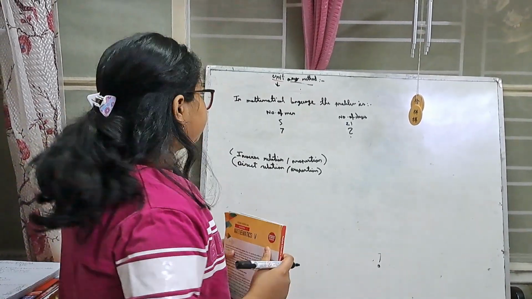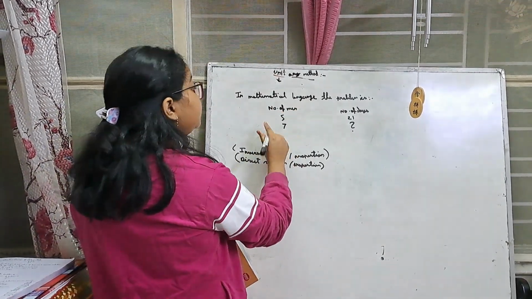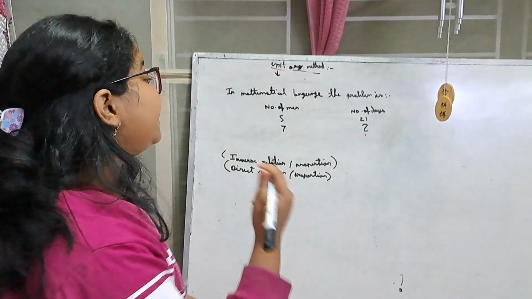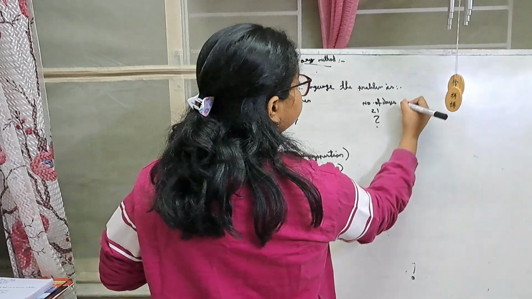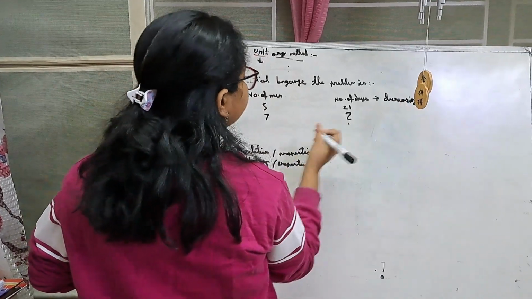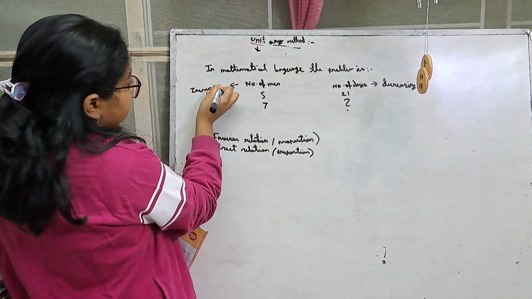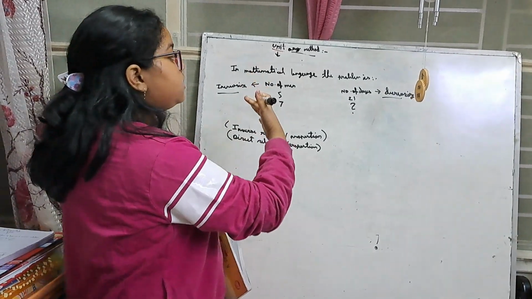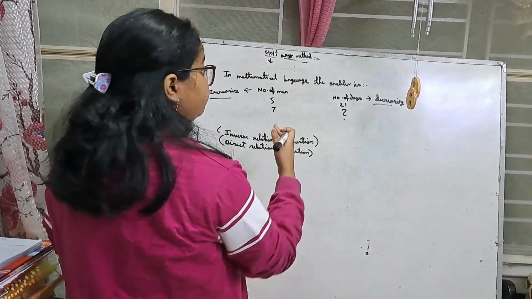In the inverse relation, when the number of men is increasing, the number of days is decreasing. The number of days are decreasing and the number of men are increasing. This is the inverse relation, which we have already done.